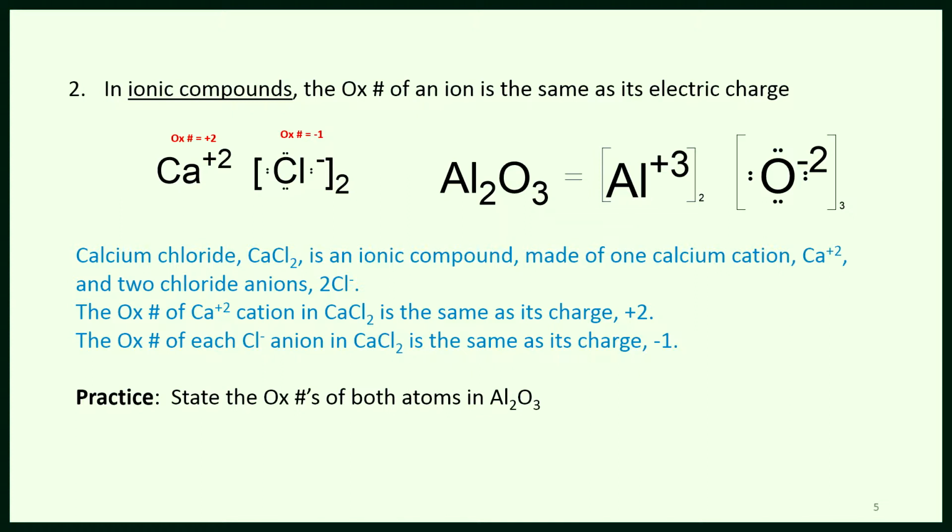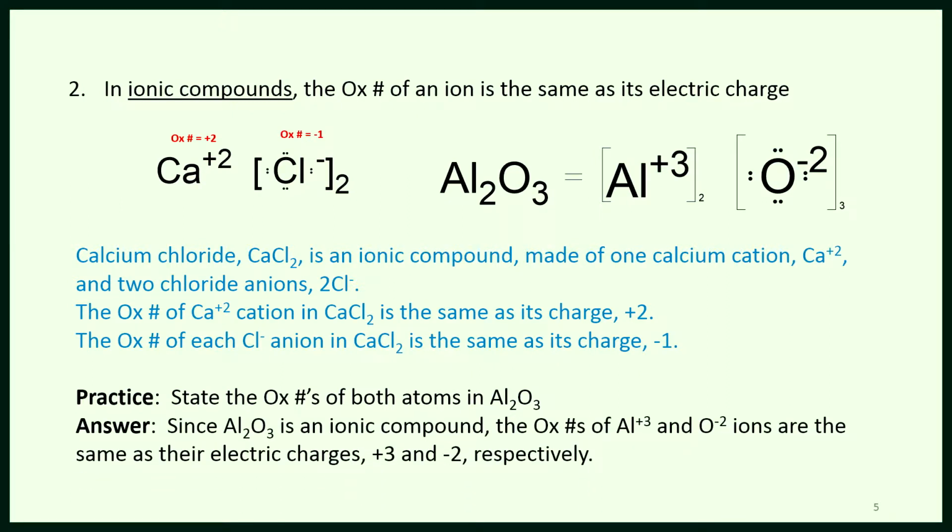Aluminum oxide contains 2 Al+3 cations and 3 oxide -2 anions. So, since aluminum oxide is an ionic compound, the oxidation numbers of the Al+3 ion and the oxide -2 ions are the same as their electric charges, +3 and -2 respectively.